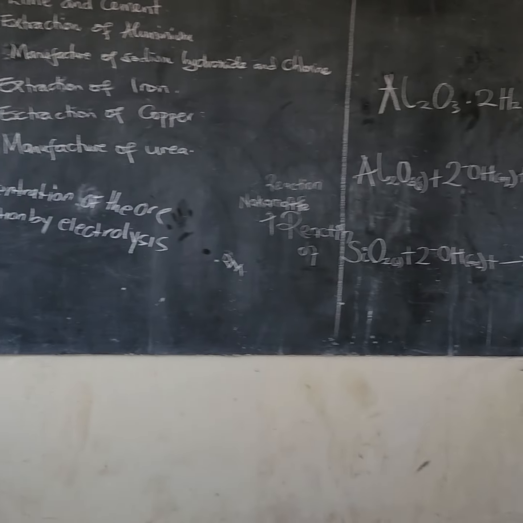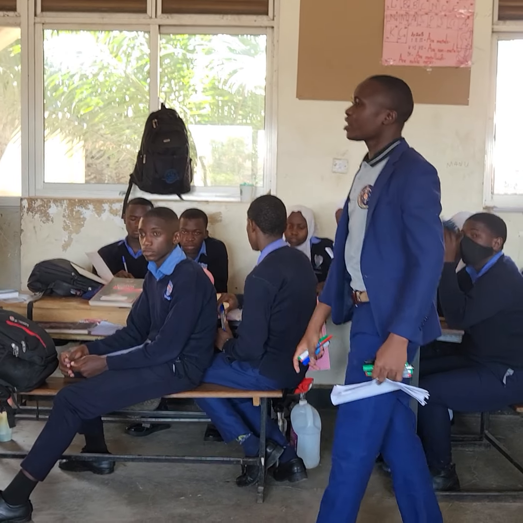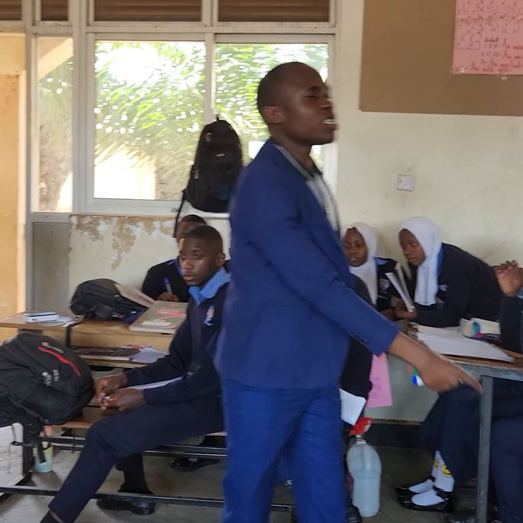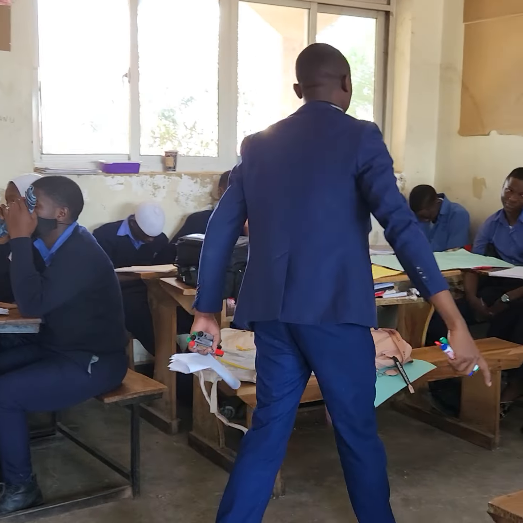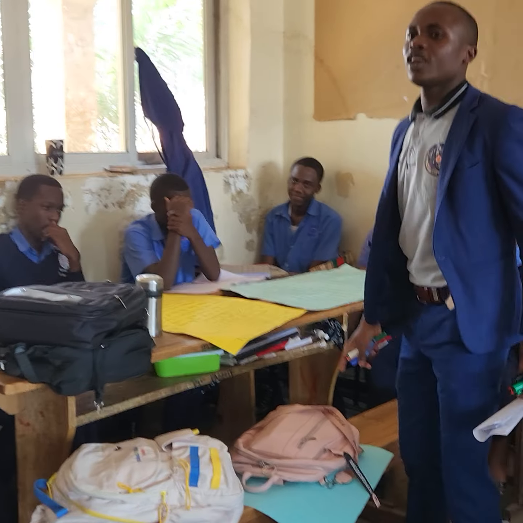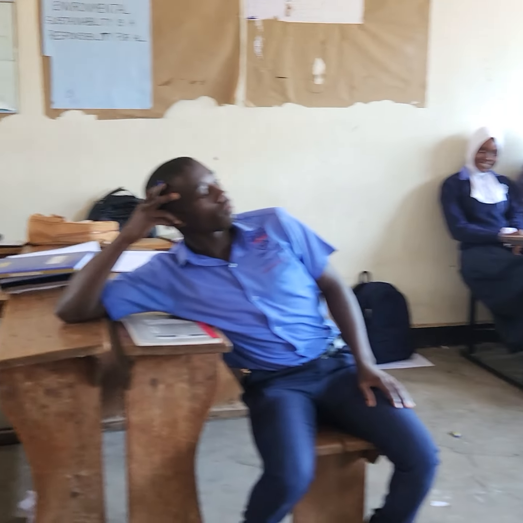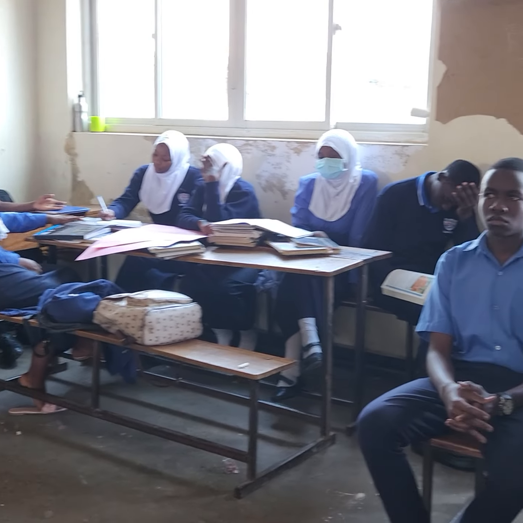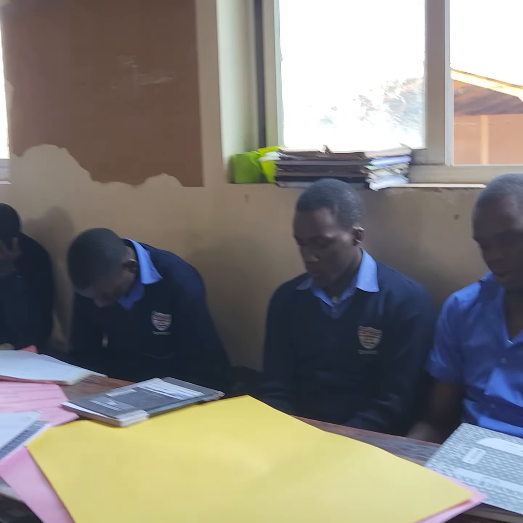Aluminium is above carbon in the reactivity series. So those elements that are above carbon in the reactivity series are extracted by which process? Electrolysis. Later on we shall see how other methods can be used to extract other elements like copper. Those ones of copper will tell us about that more. Those ones of iron will also be discussed.